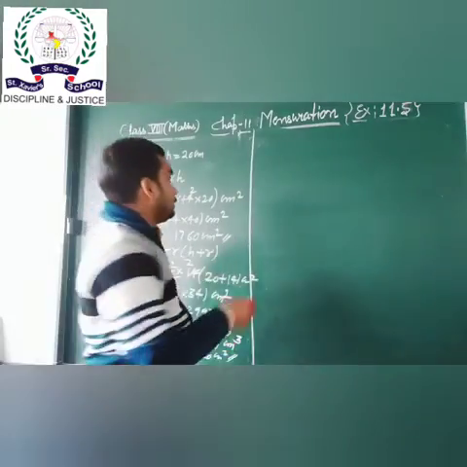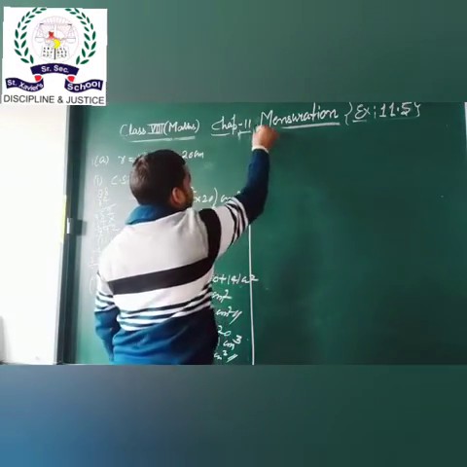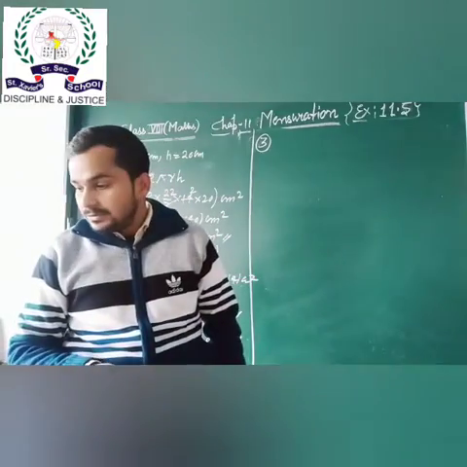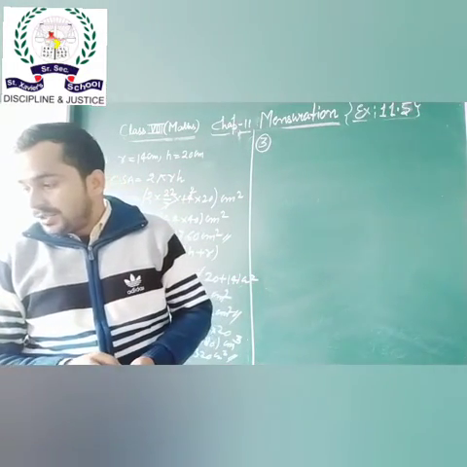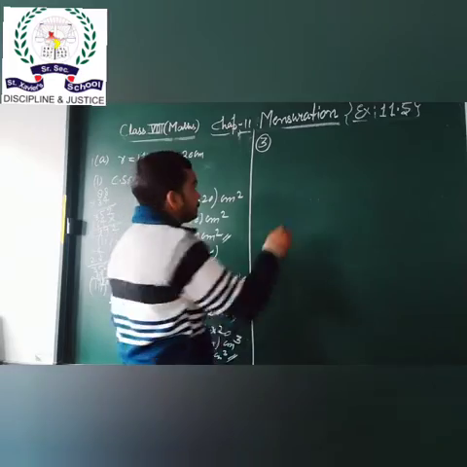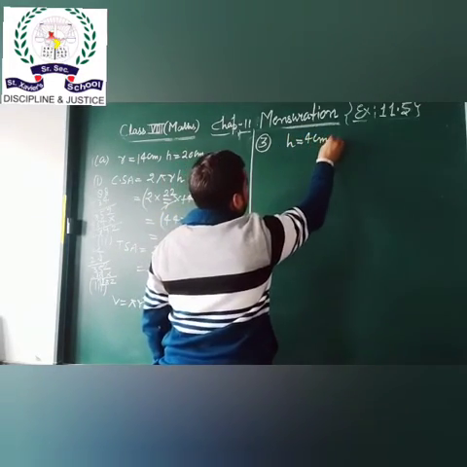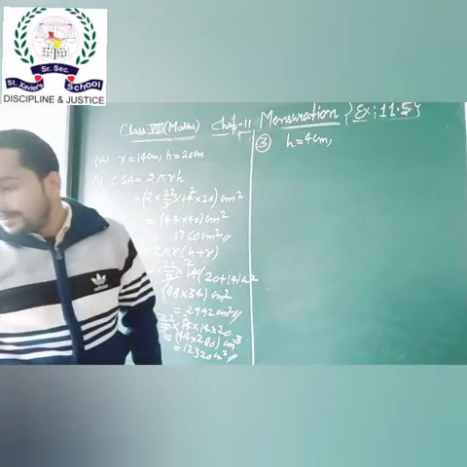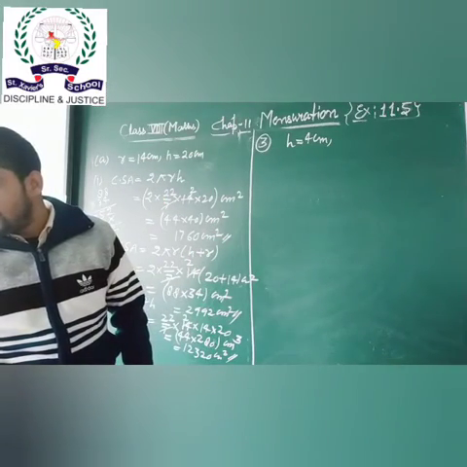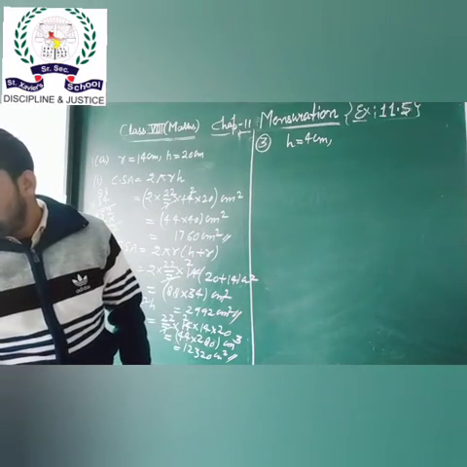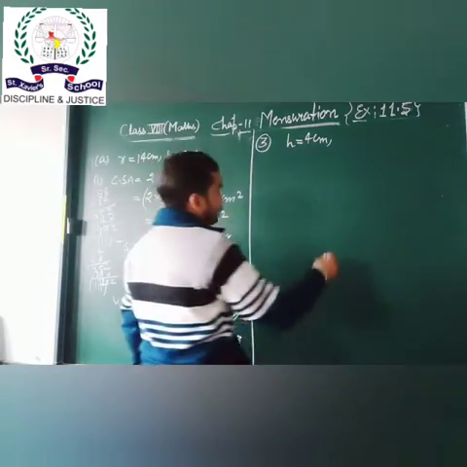Question number 3. The height of the cylinder is given as 4 centimeter and the area of its base is given as 25 pi centimeter square.